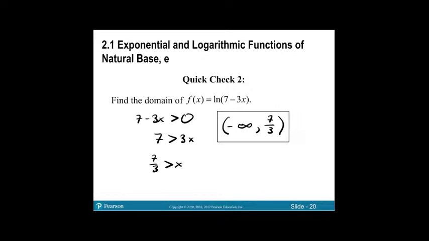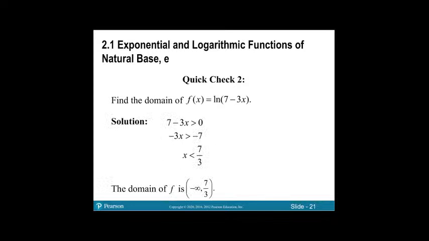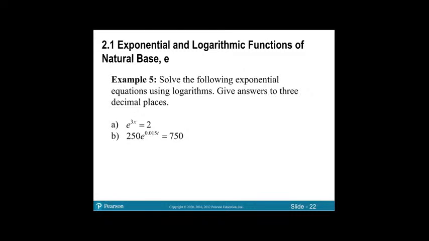Okay, you see it here. Where x is solved here, give answers to 3 decimal places. So for A, let me see, will that help us? Yeah. We can take the natural log on both sides.